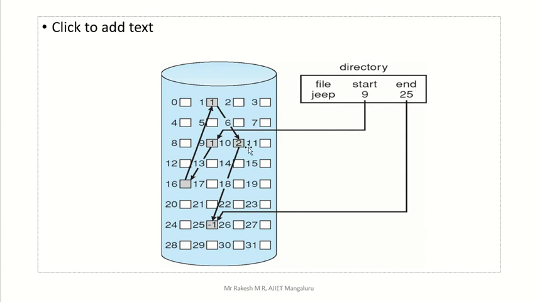So we have to connect each block with an address. Each block contains file information plus the address of the next block where the file information is stored. Like this we go for the linked list concept. But see the directory structure: start, end.